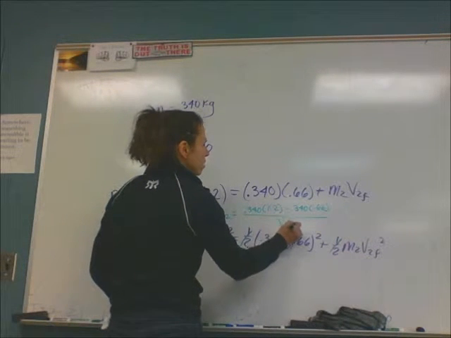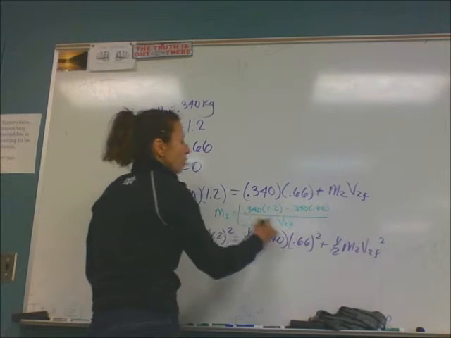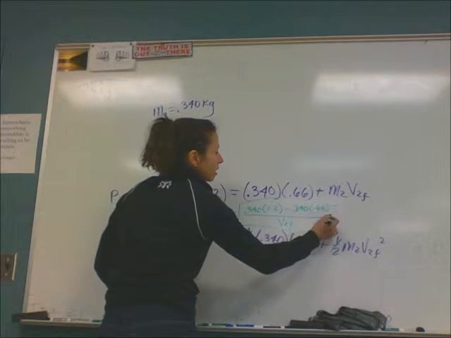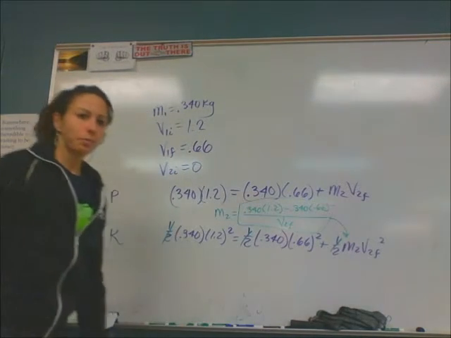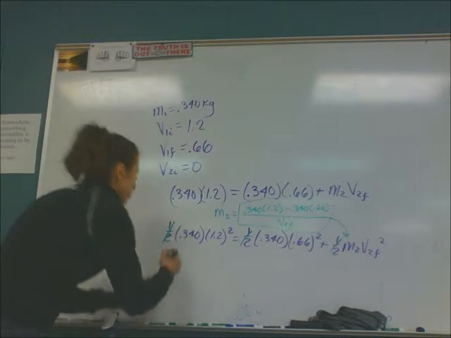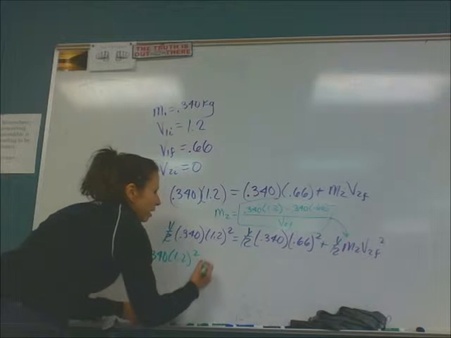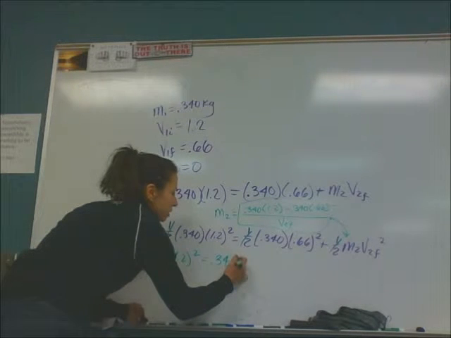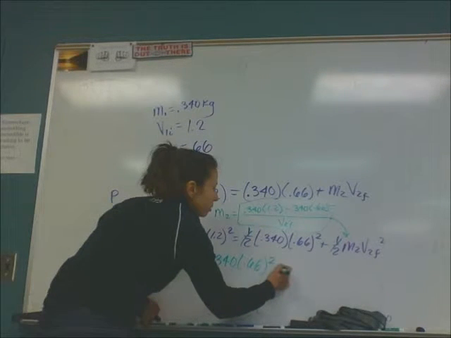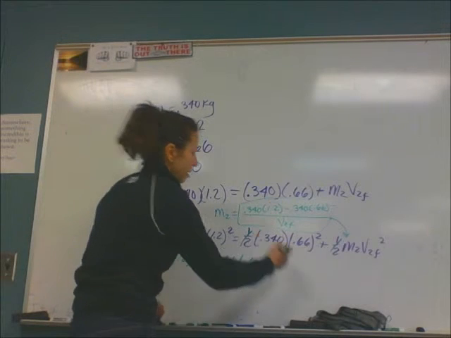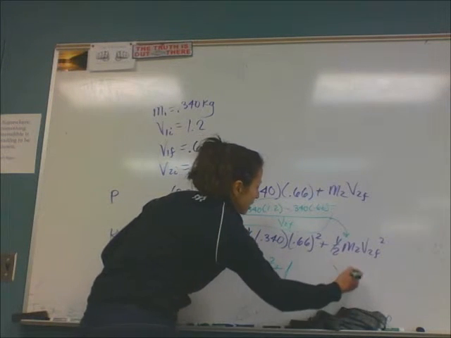And you have now a v2f squared in the top and a regular v2f in the bottom. And so I can cancel this one with one of these, and now I have a linear equation that I can solve for v2f. Once I find v2f using this equation, I can plug it in up here and solve for m2. And so it's not like super, super easy algebra, but it's doable, and I know you can do it.